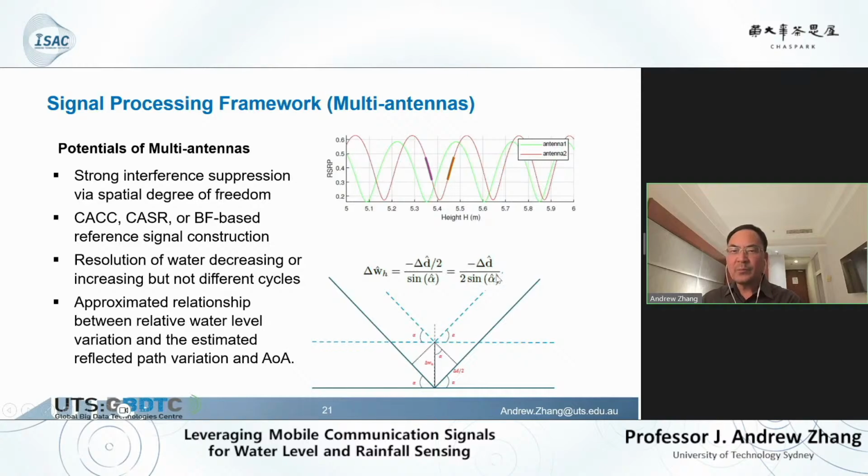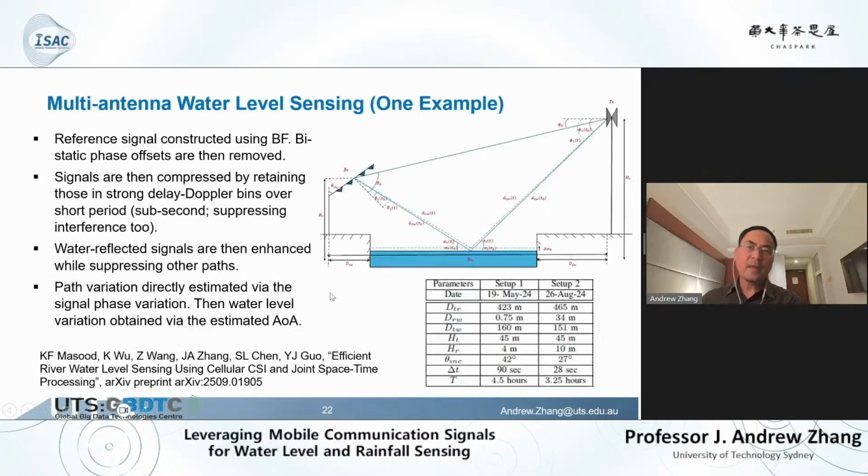Based on this equation, we can translate the estimated propagation path variation to the actual water level variation. This allows us to deploy the system without any calibration. With the use of multiple antennas, there are so many potential advantages.